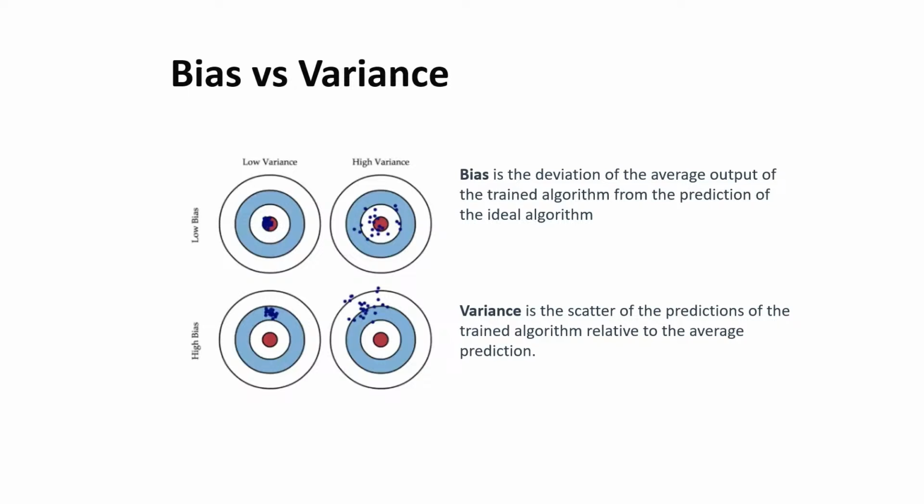Okay, that's a variance. You see low and high variance. So two parameters, bias and variance, two parameters related to the model.